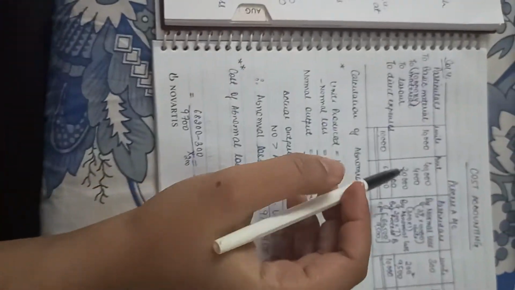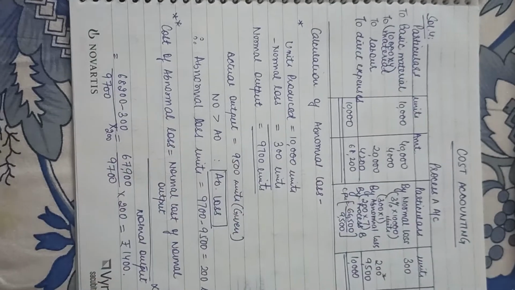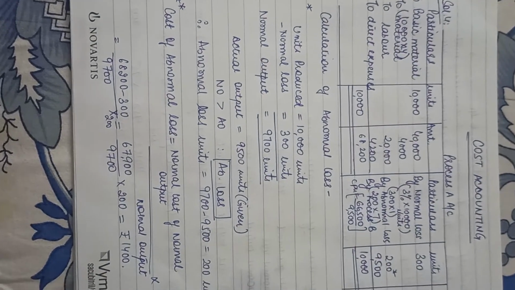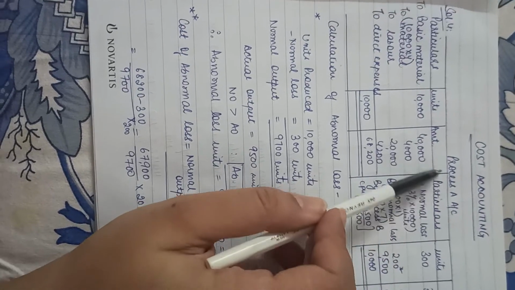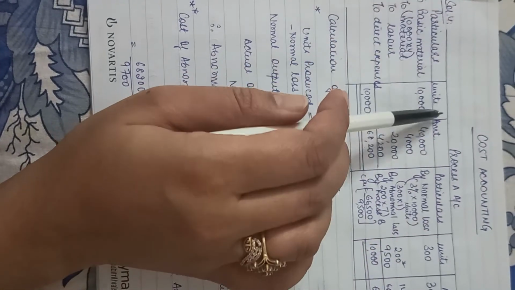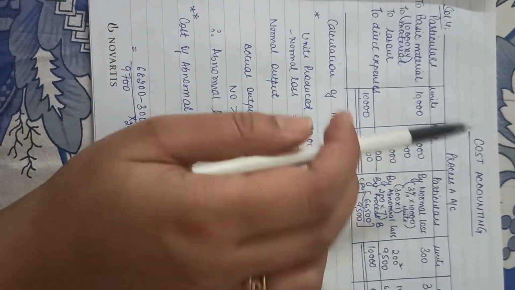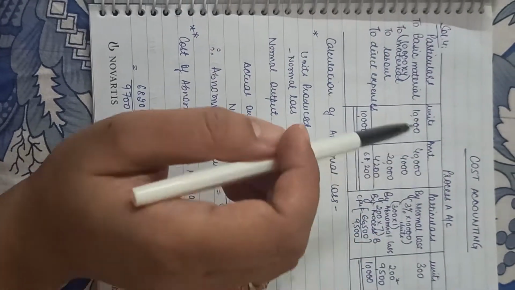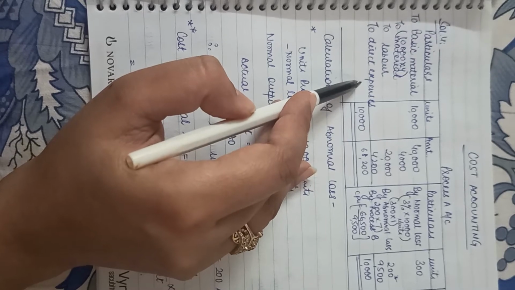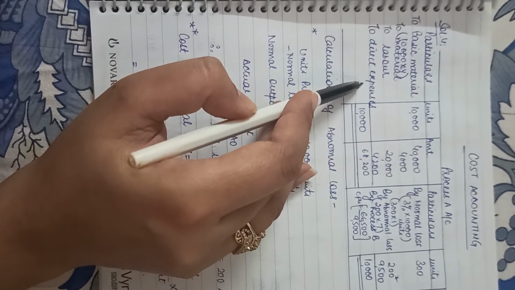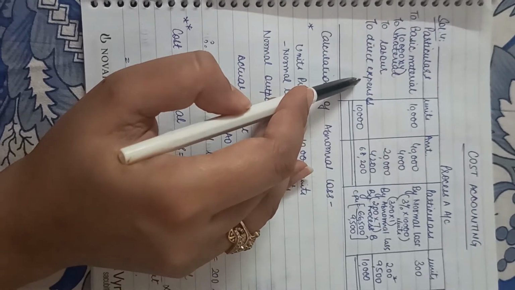Solution. Now how to prepare? If you are able to understand the first process, you can easily prepare the next two processes. So process A account, format: particulars, units, amount, debit and credit side. Now on the debit side, you have to list down all the expenses including the input if given to you.